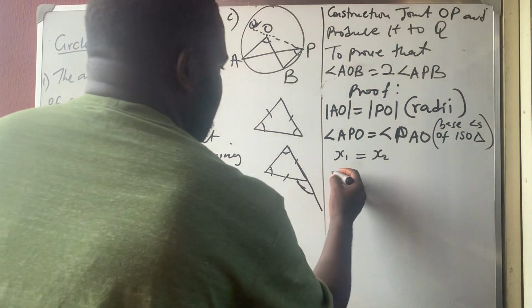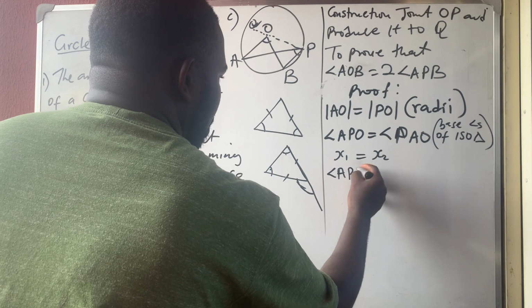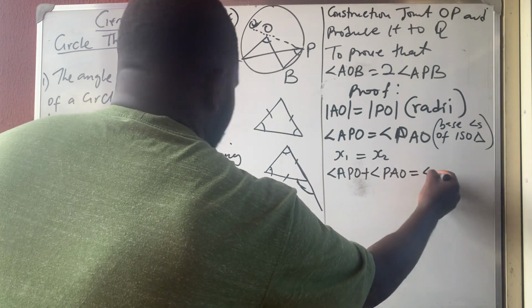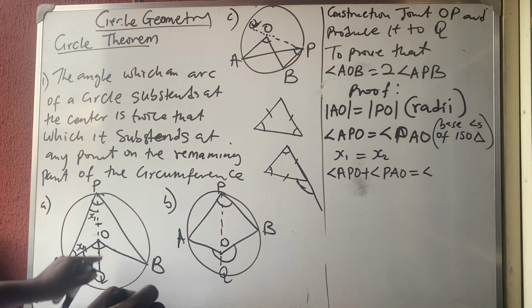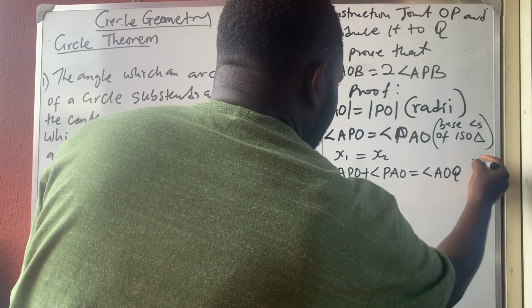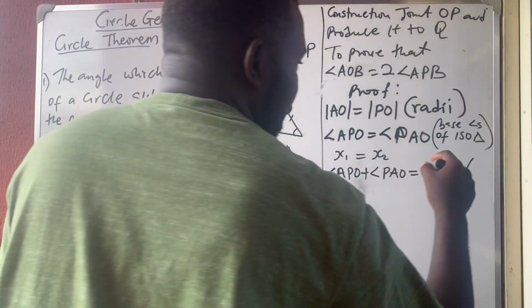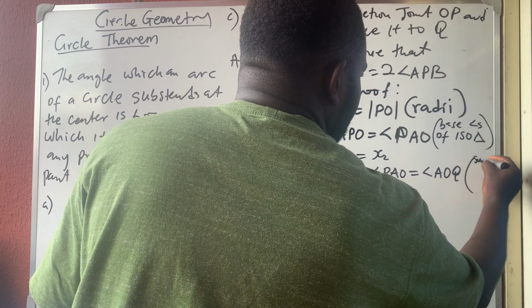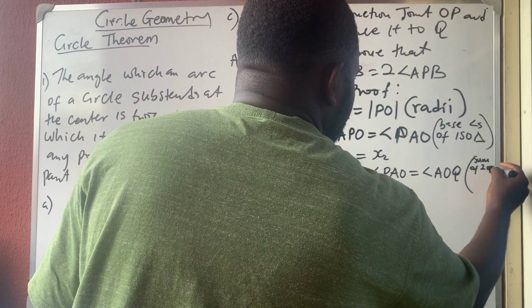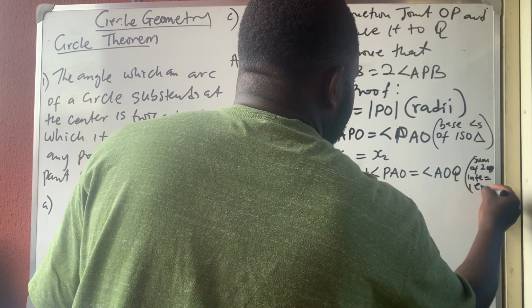So angle APO plus angle PAO is equal to angle AOQ. My reason is sum of two opposite interior angles equals one exterior.